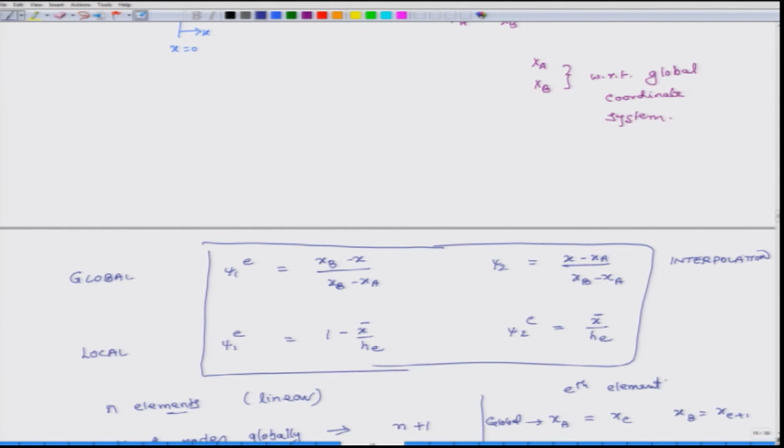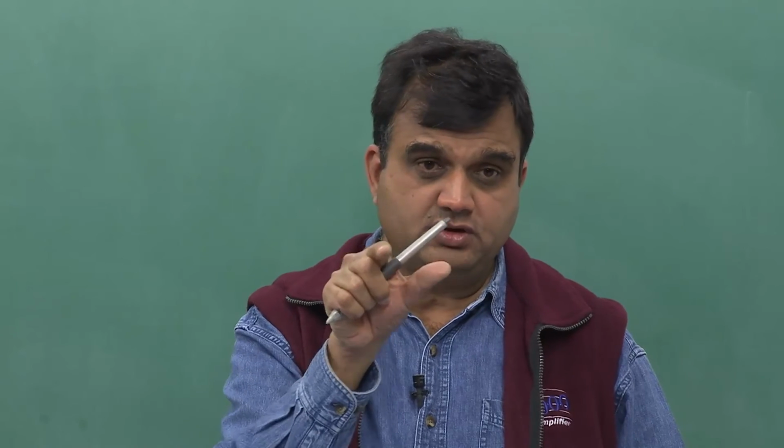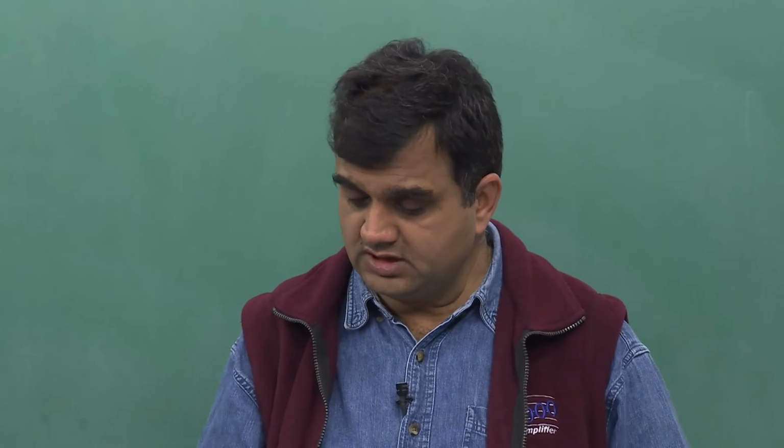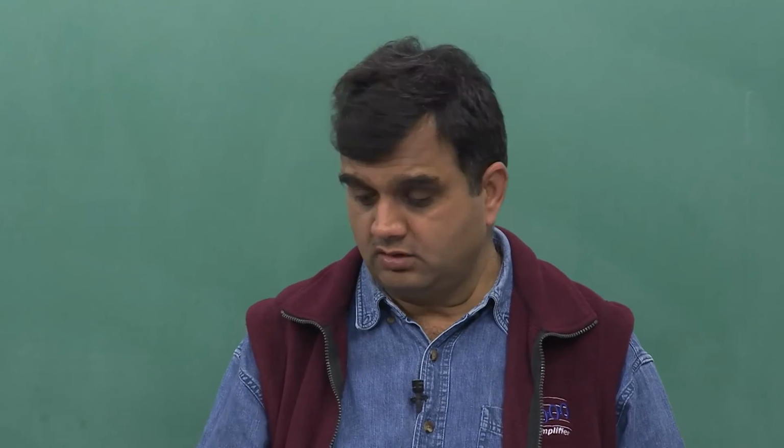In general, we have been using the term approximation functions. Here we use these functions to interpolate the value of displacement between two nodes. That is why they are also known as, we can use the term approximation function, but in the context of FEA at element level they are more popularly known as interpolation functions.